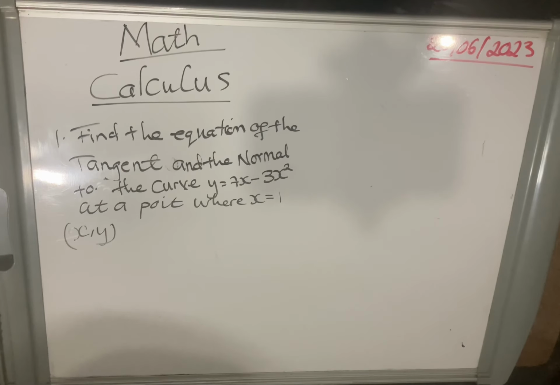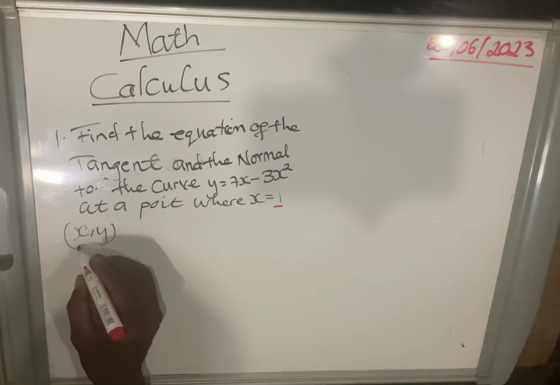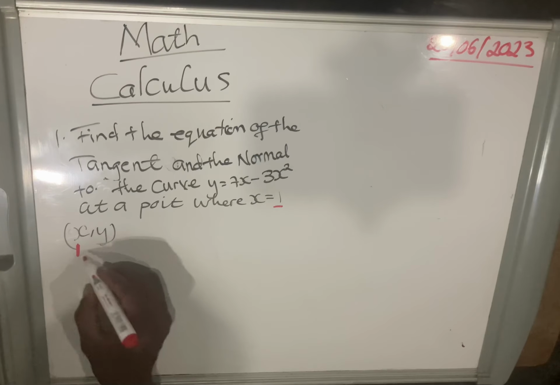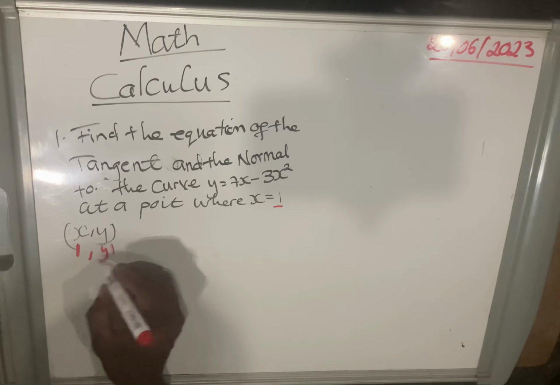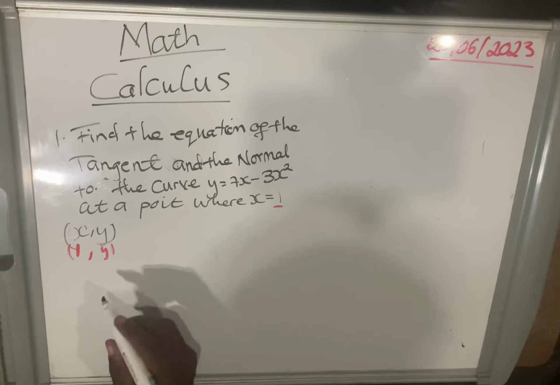So what can we do in order to find the x? 1 has been given, which means x is 1 there. We don't have y. So to find y, we need to use the same equation for the curve which has been given to find the value of y.